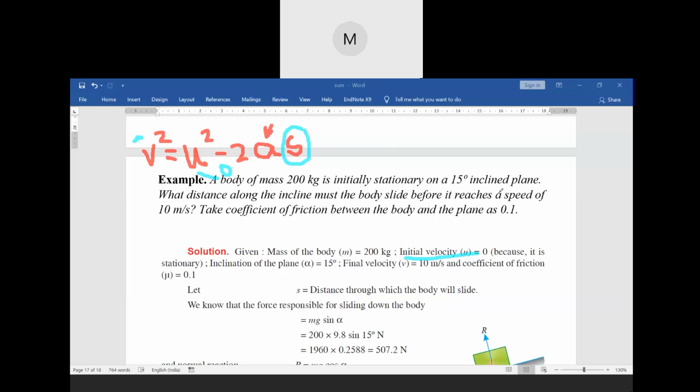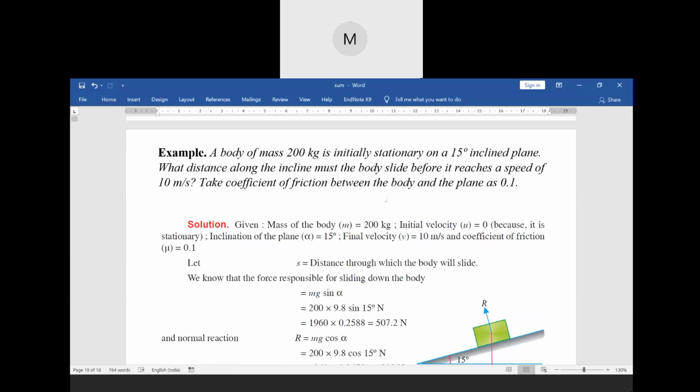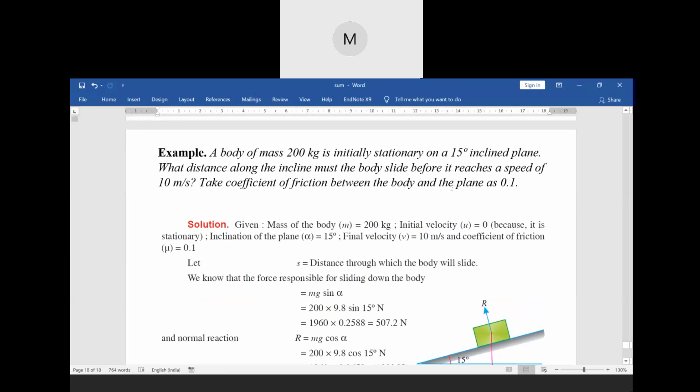You know the V. V is how much? 10. That means 10 square equals 2AS.